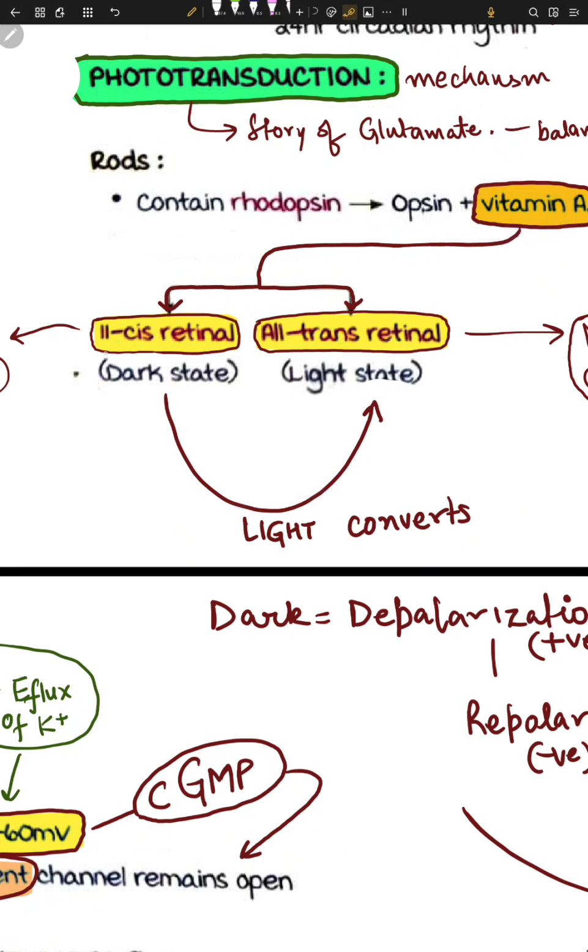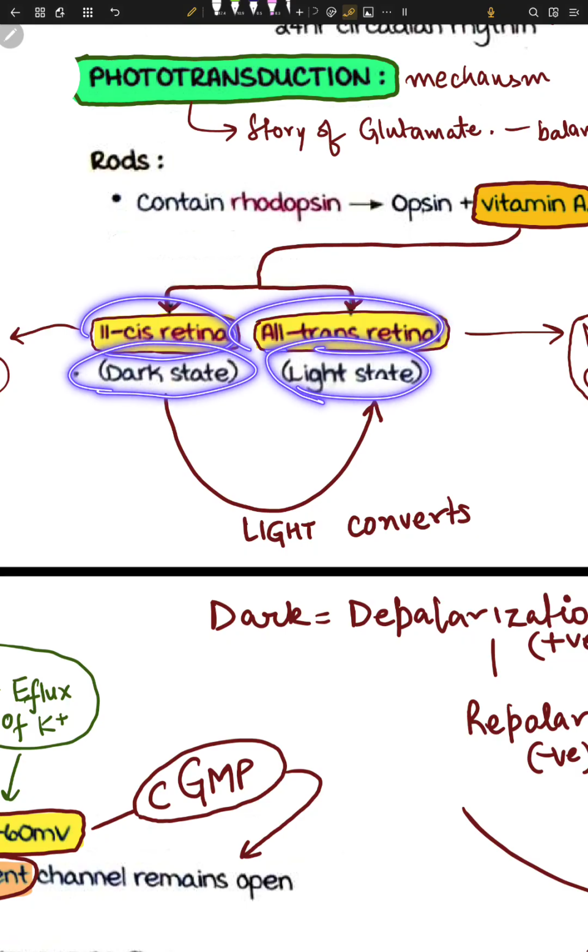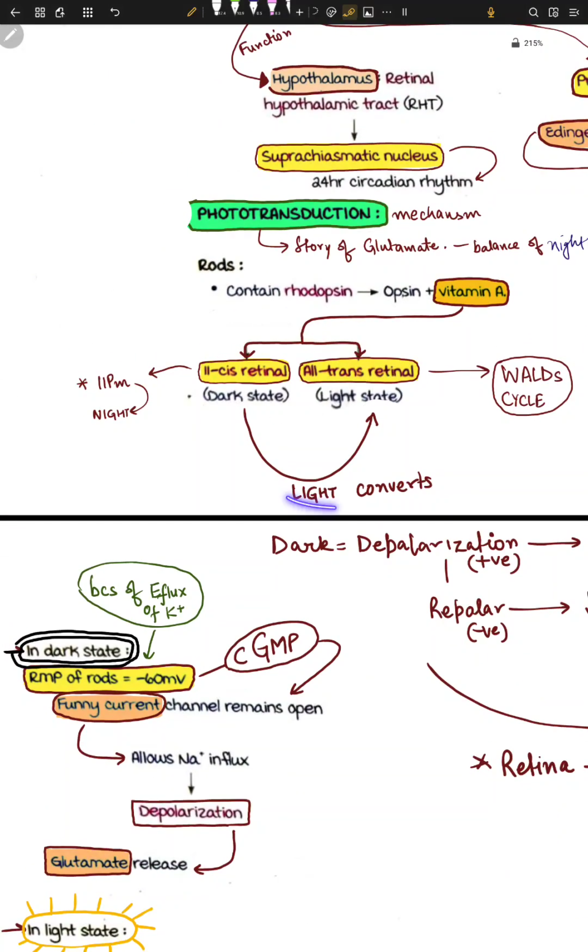So this 11-cis retinal is found in night, the dark state, and all-trans retinal is found in light state. So in the night you will have this one, in the day you will have all-trans.